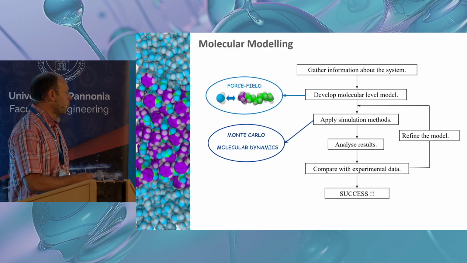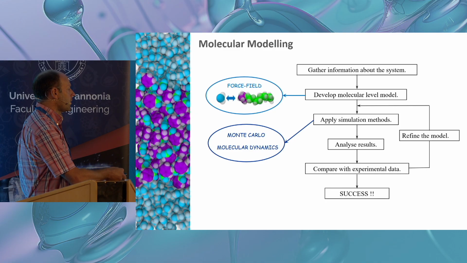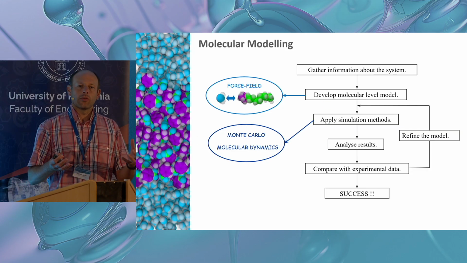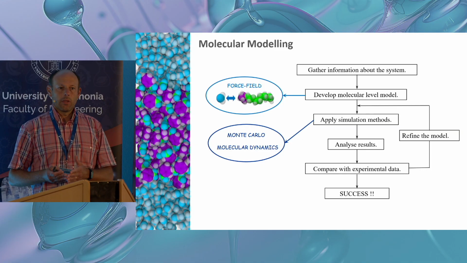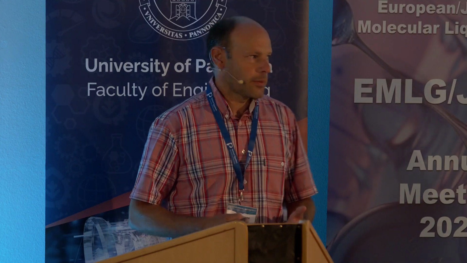So I don't really have time to talk about the methods themselves, right? So this is this other step here. Just to say that there are two classes of methods used to solve molecular models, Monte Carlo and molecular dynamics. They are essentially the integrators that we use to solve the equations of statistical mechanics.